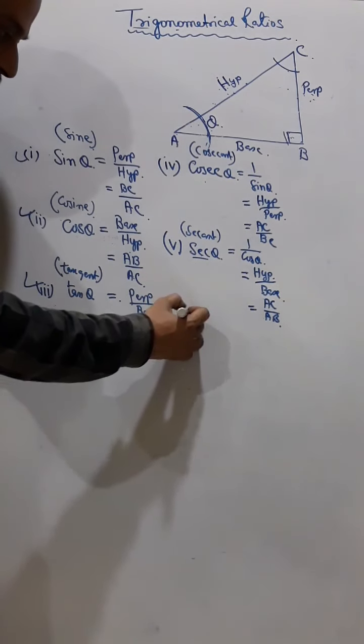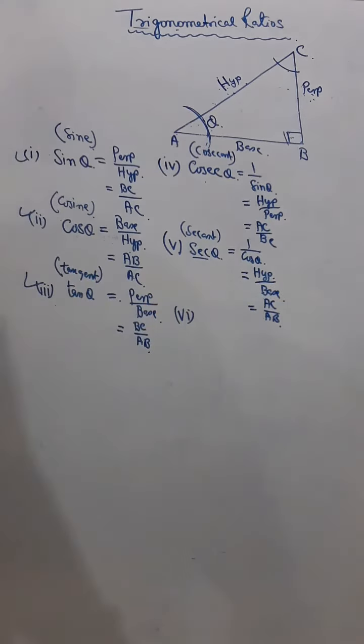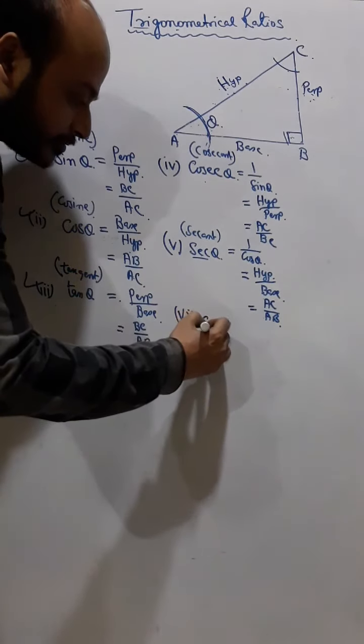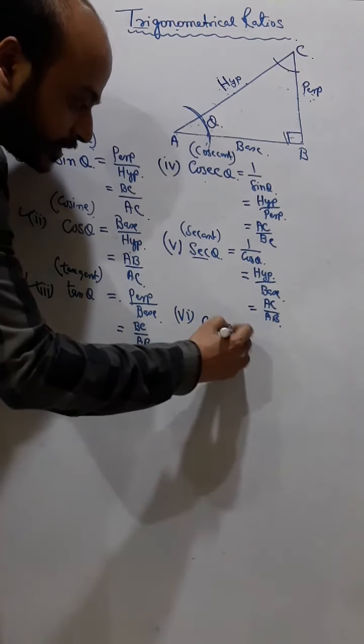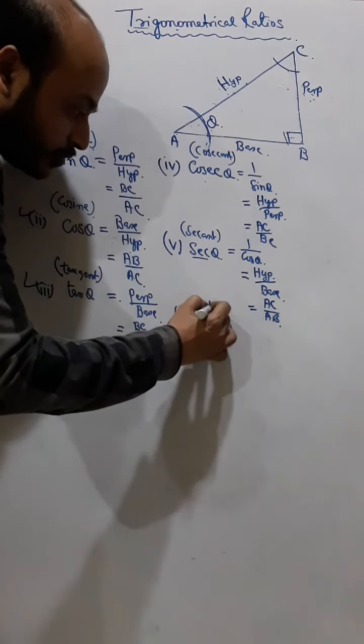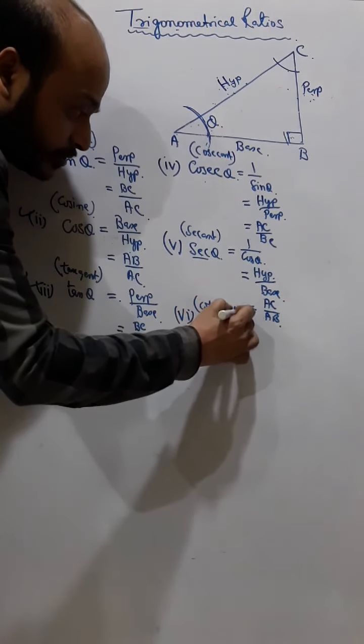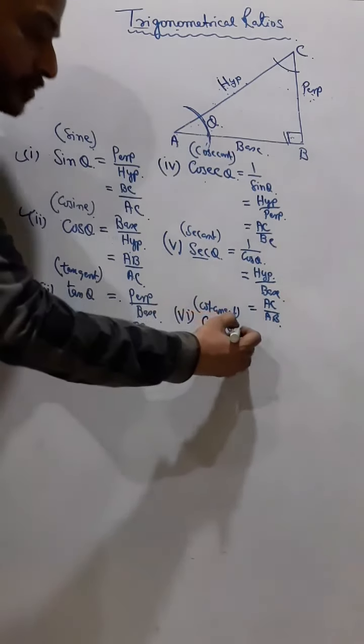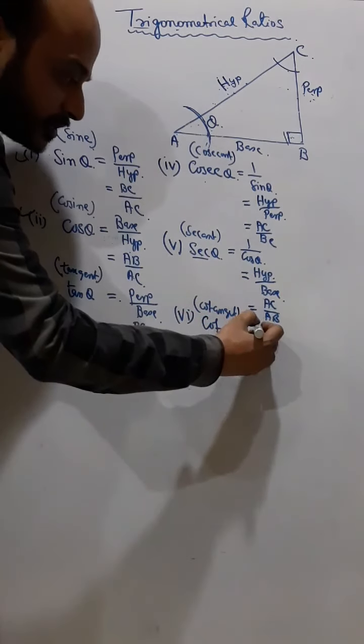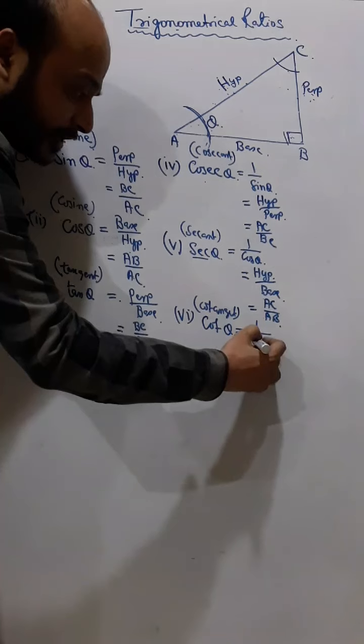And the sixth one is cot theta. Now cot theta, again this is cotangent. Okay, cotangent. So the short form is cot theta. Now cot theta is the reciprocal of tan theta.